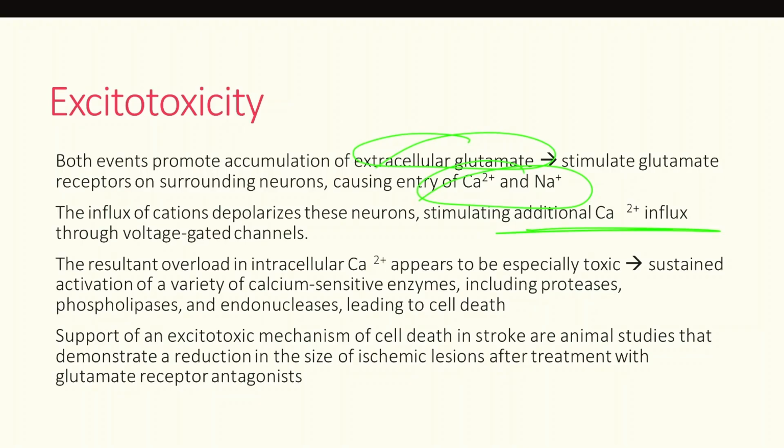One of them was increased calcium. What was the other one? Free radical generation. So increased calcium is a bad thing, leading to reperfusion injuries. The resultant overload in intracellular calcium is toxic. It's too much. Sustained activation of these calcium-sensitive enzymes, including proteases, all starts leading towards cell death.